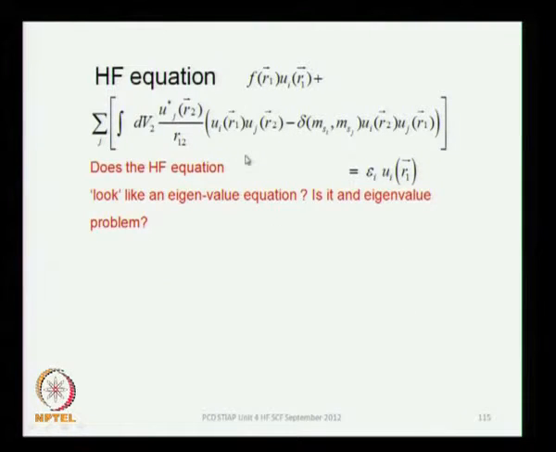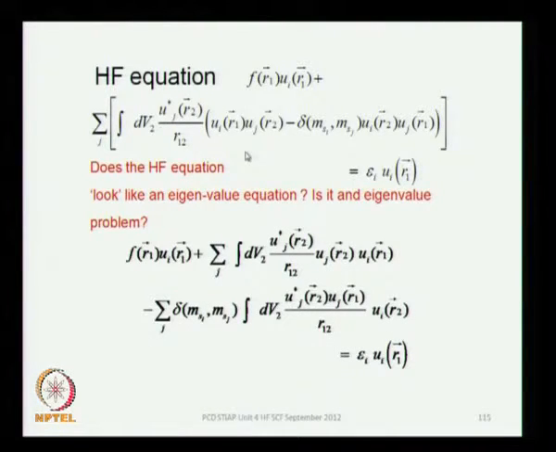The Coulomb term also has a similar structure. If you just look at this box, everything whose argument is r2 is integrated out. So, you are going to have an operator which is just a function of 1. 2 is the dummy index which gets integrated out, and then you sum over all j, and the Coulomb term also suggests that you can put it in a form so that an eigenvalue equation would possibly develop.